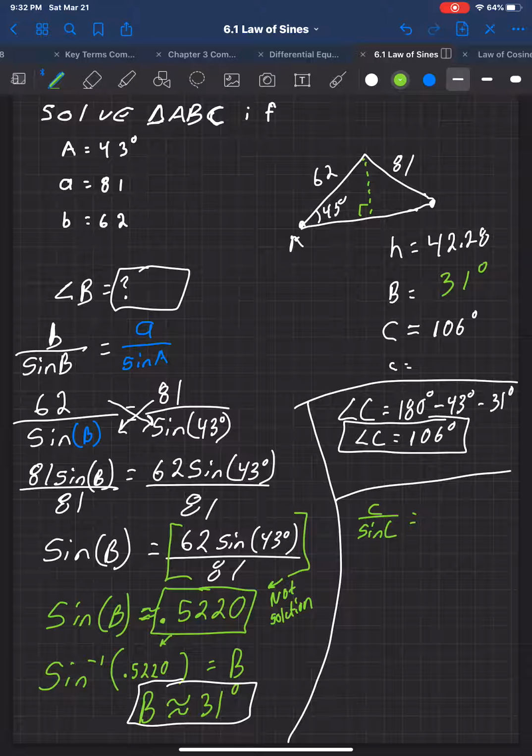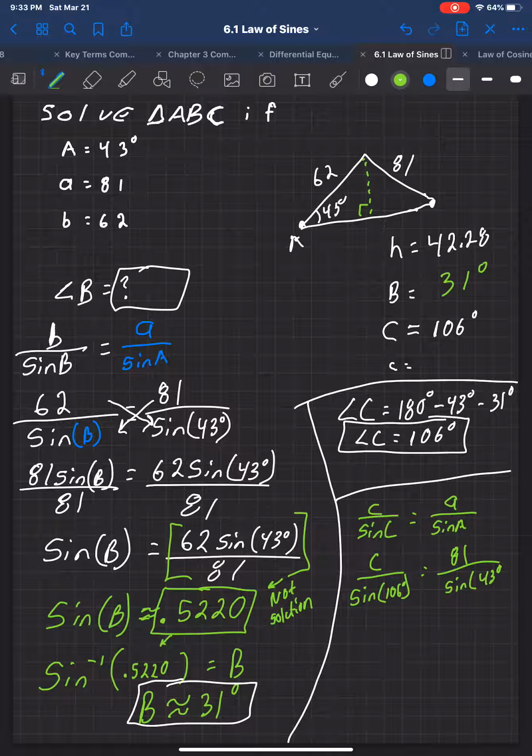I'm going to use a over sine of A. At this stage, we're solving for a length of a side, not an angle, so I'm going to go through this quickly. We've already covered this. Little c over sine of 106 degrees is equal to little a over sine of 43 degrees.